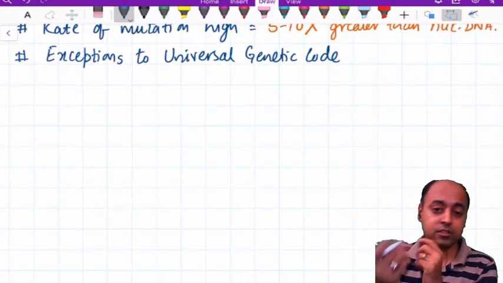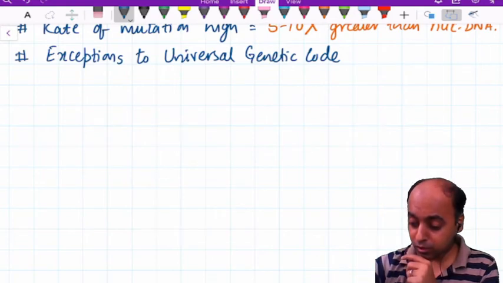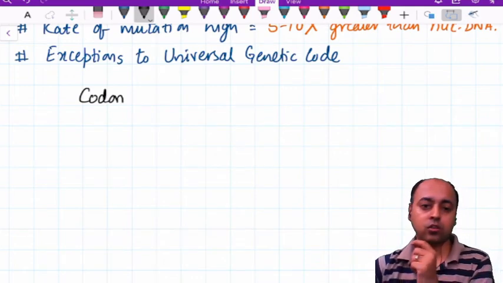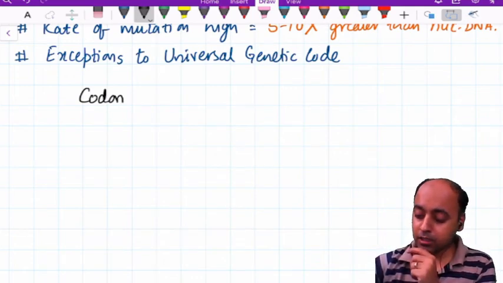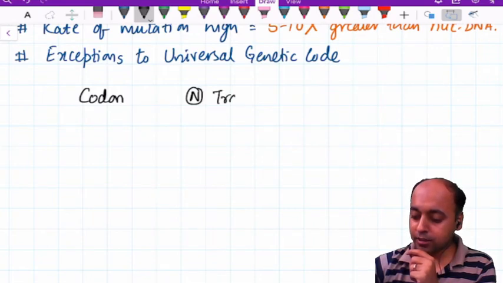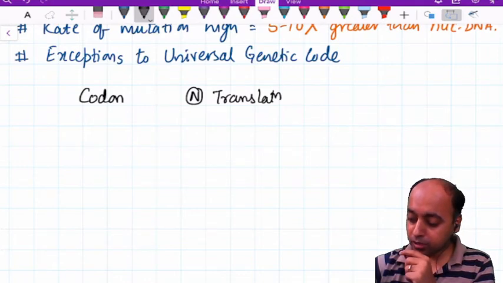What are those differences? Let me tell you. So what I do here, I'll write the sequence of nucleotide, which is called the codon, for the normal or the nuclear translation, and you compare it with the mitochondrial translation.